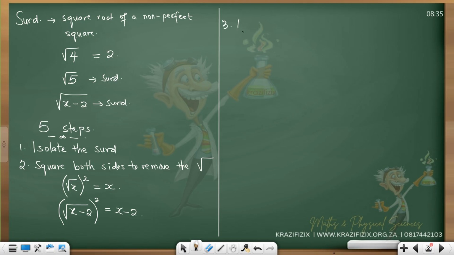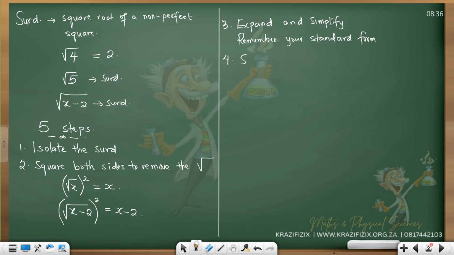Third step, expand and simplify. Remember your standard form. When you expand and simplify, remember to make it a standard form.